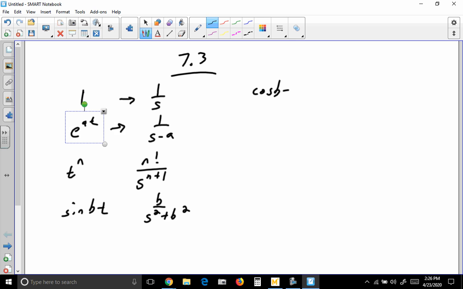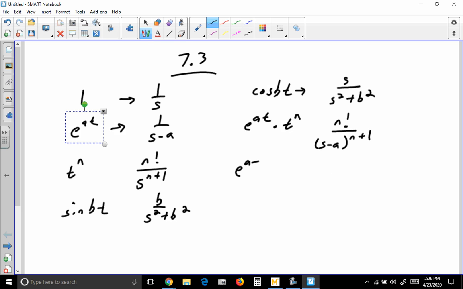Cosine goes into s over s squared plus b squared. E to the at times t to the n goes to n factorial over s minus a to the n plus 1.